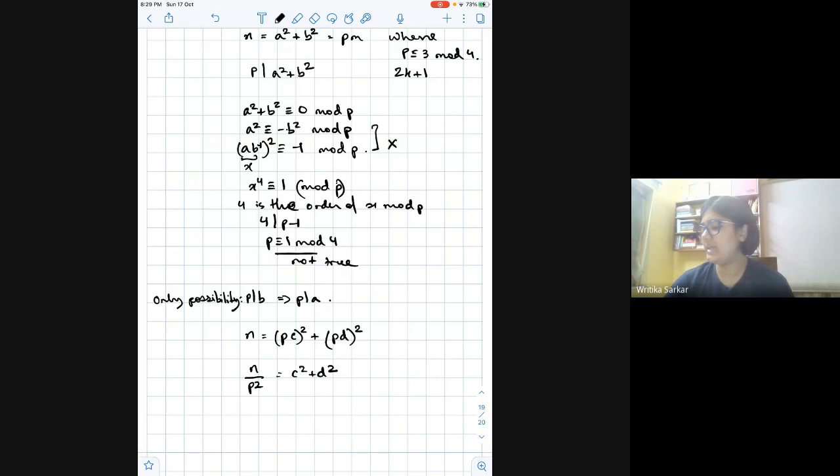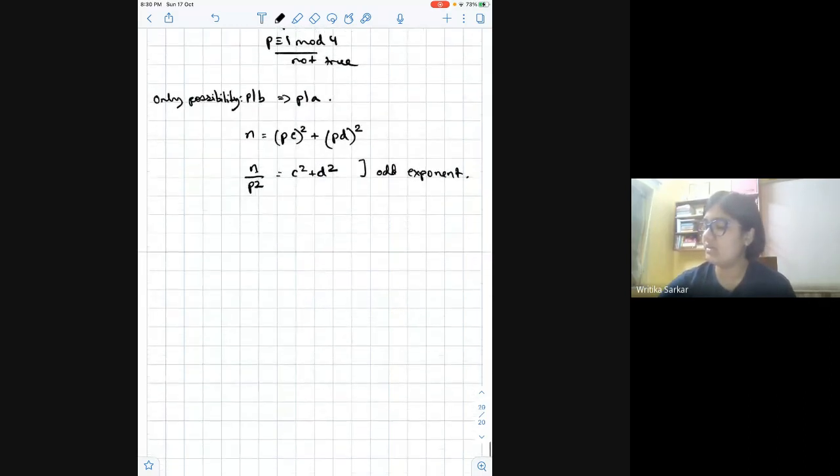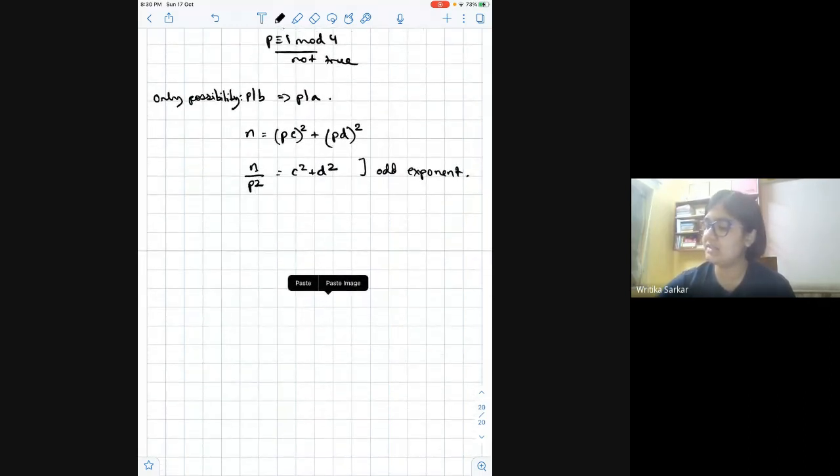Now, since the exponent of p was odd, you are still left with an odd exponent of p here, because you just divided by p squared. And you keep repeating this a lot of times till you are actually left with some p to the 2k is equal to e squared plus f squared, right? You do this a total of k times.